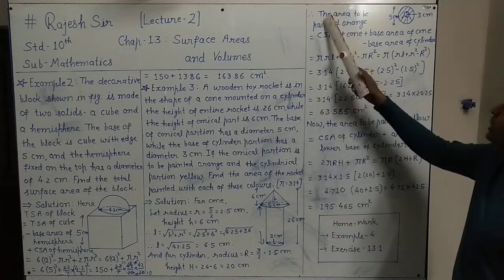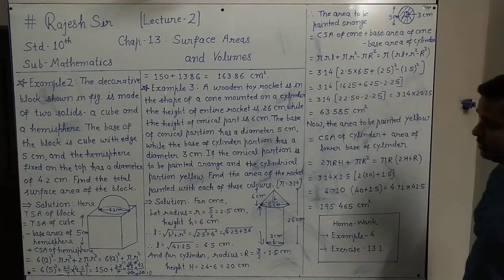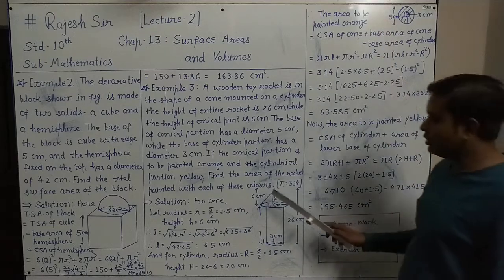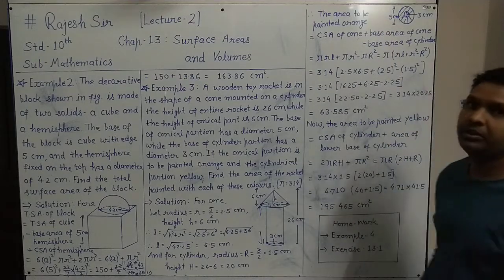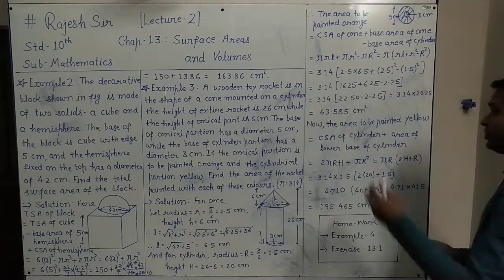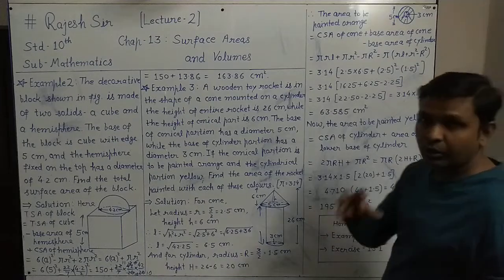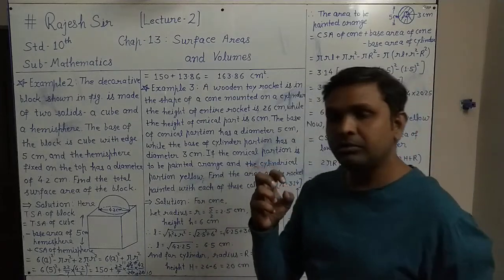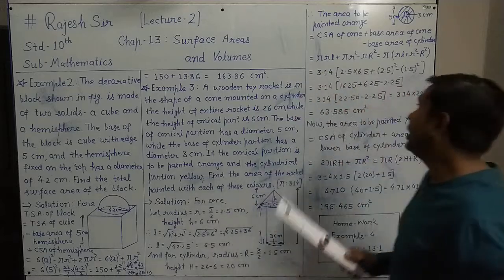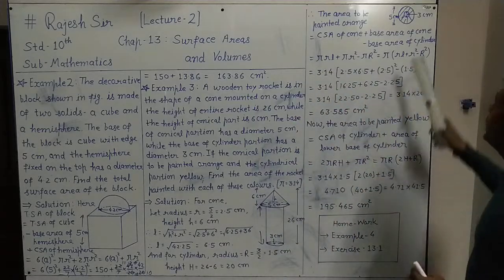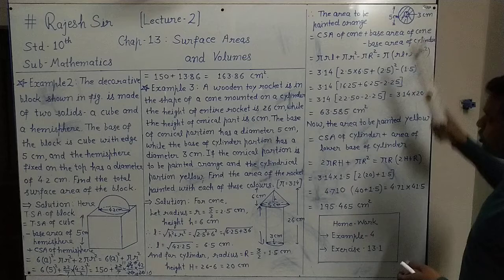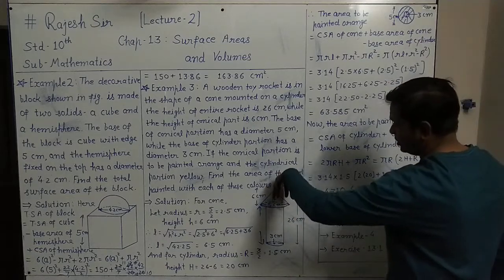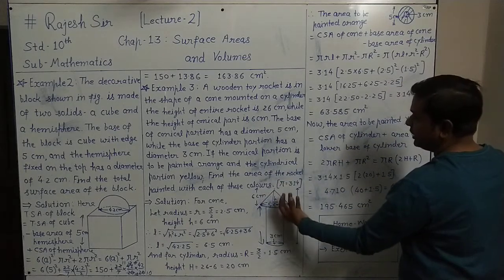Now we want to find out the area to be painted orange. The orange color is on the conical part, so we want to paint the conical part orange. How to get this? This portion actually shows the base of the cone and the top of the cylinder.